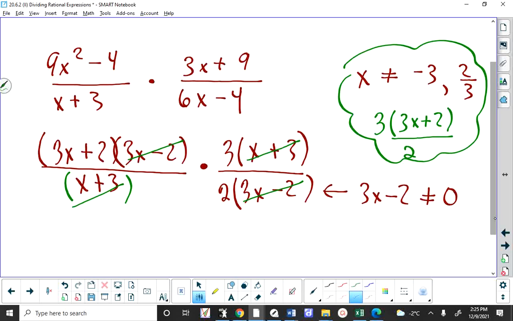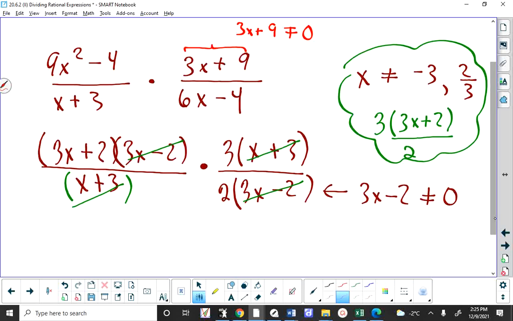But if you take 3x plus 9 and set it not equal to 0 and solve it, what will you get for what x is not allowed to be? Well, we subtract 9 from both sides and get -9, and then we have to divide by 3, so we get -9 over 3, which is -3. We get x is not equal to -3.